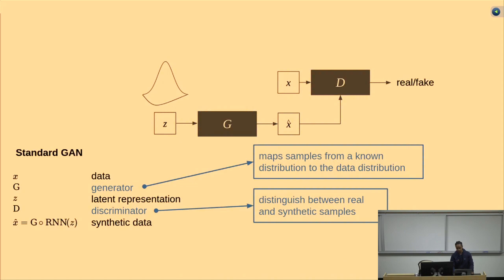All right. So just a primer on GANs, a standard generative adversarial network. GANs are popular tools for learning to generate images.